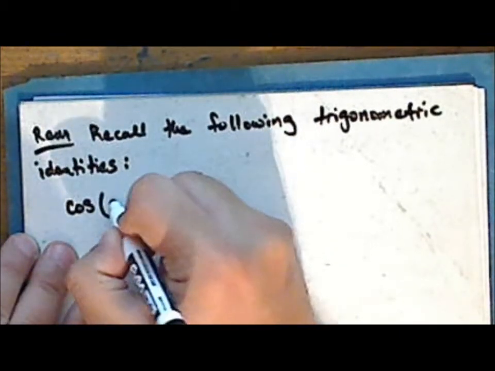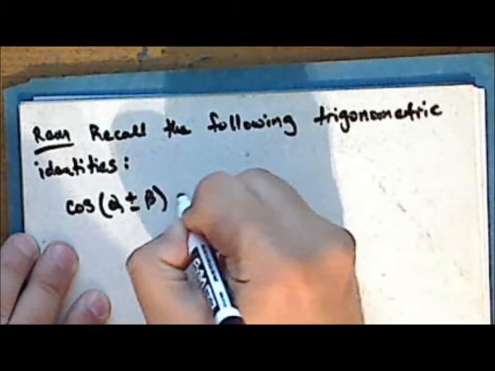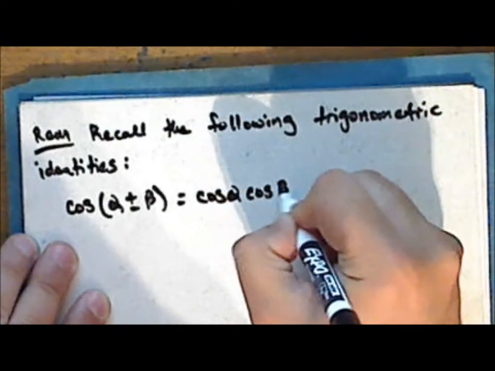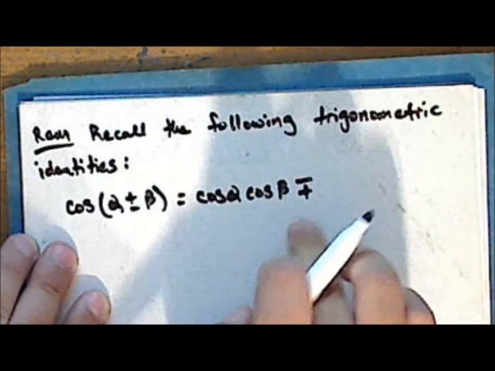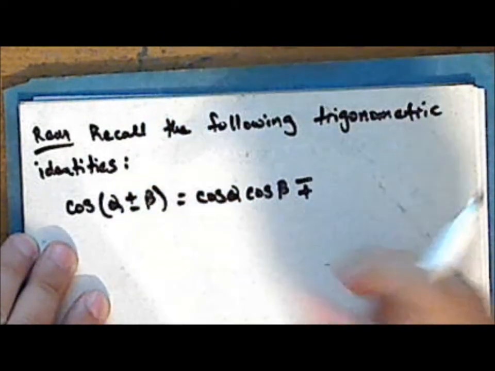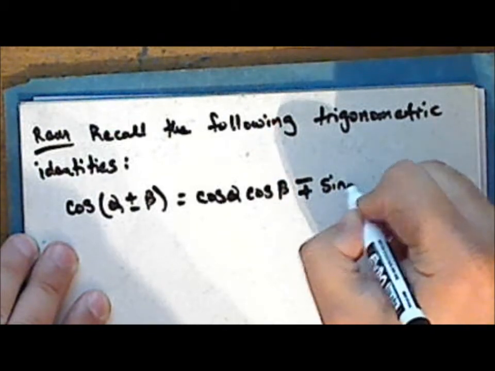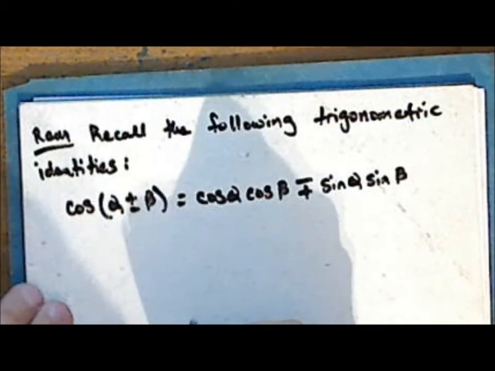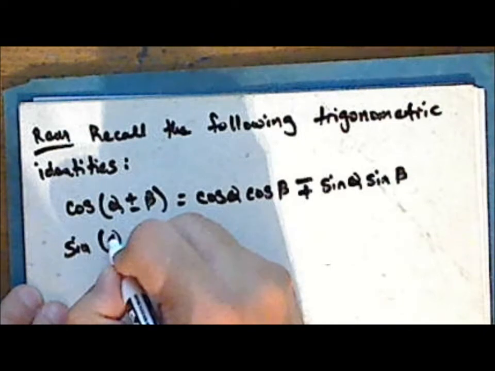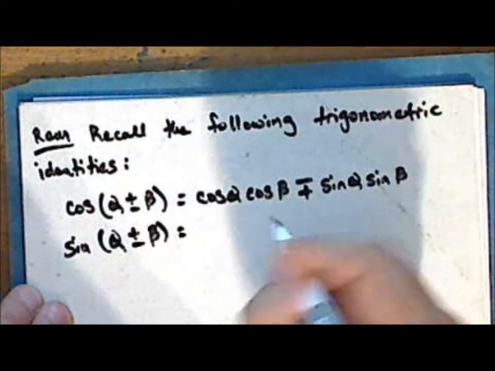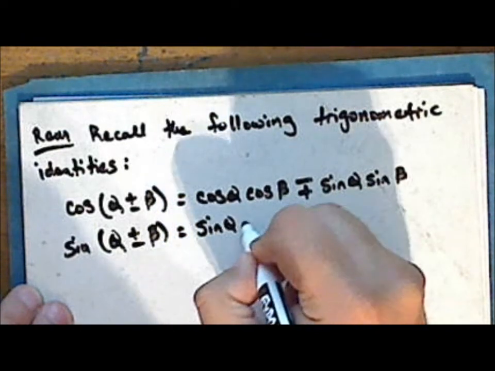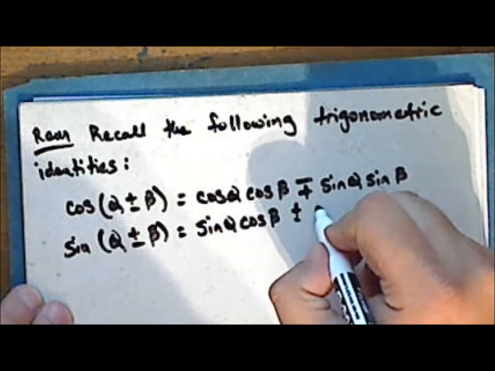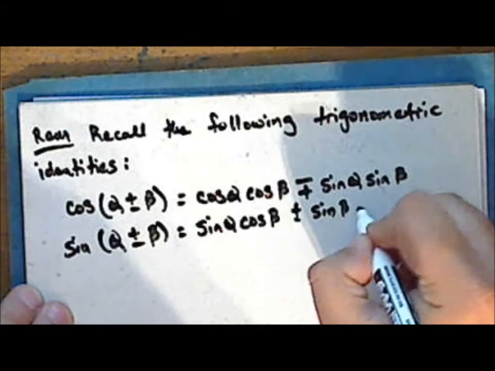The cosine of a sum or difference is equal to the product cosine alpha times cosine beta minus or plus, notice that the sign changes depending on whether we are using a sum or difference, the product the sine of alpha times the sine of beta, and the sine of a sum or difference is equal to sine alpha cosine beta, plus or minus, the sign remains the same, the product sine beta cosine alpha.